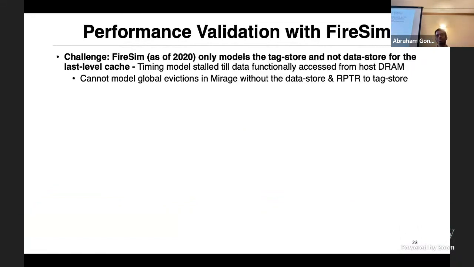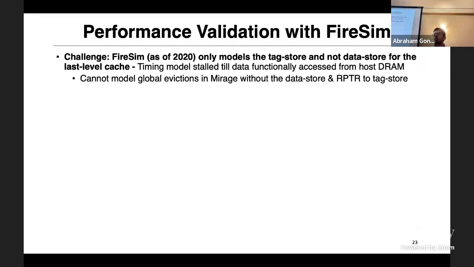We also implemented this on more realistic platforms like FireSim. The challenge we had with FireSim was that as of 2020, FireSim models the last level cache, but it only models the tag store and doesn't explicitly model the data store.